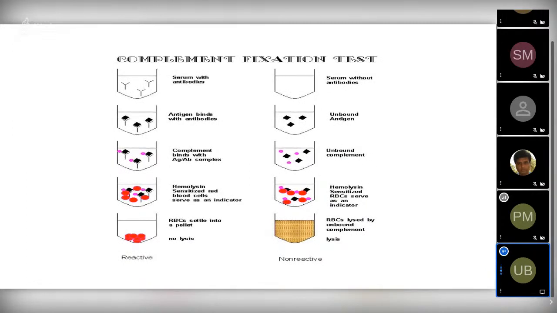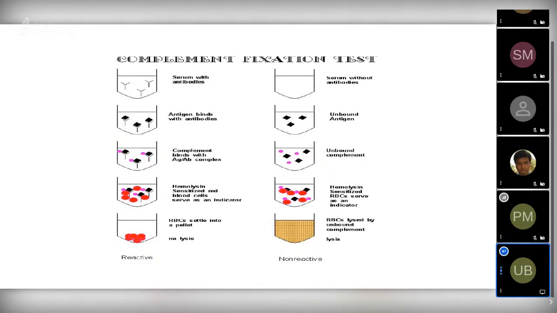When you add this, what happens is this complement is already utilized in the antigen antibody reaction which has happened earlier. So the RBCs will not lyse, because the main final end product of complement activation is cell lysis. But this will not happen because the complement has been already fixed by the antigen antibody complex in the previous step.